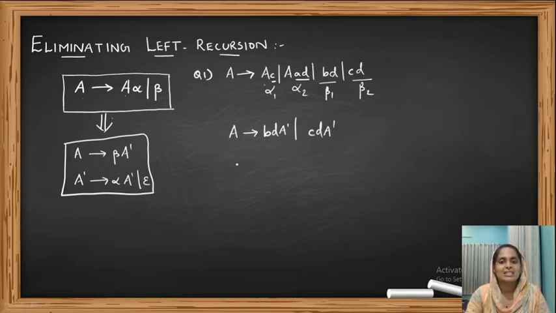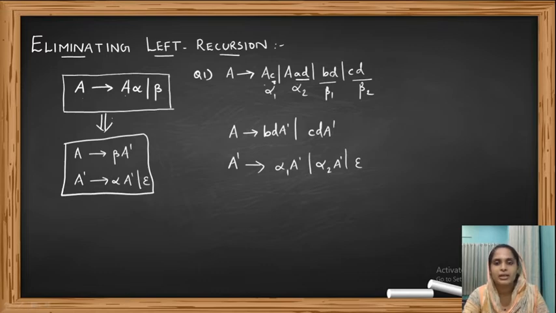And now what is A dash? A dash means actually it is alpha A dash bar epsilon, right? But here we have two alphas. So how do we write it? We have to write it like alpha 1 A dash, alpha 2 A dash and bar epsilon. At last we have to write this epsilon, okay? So what are the values of alpha 1 and alpha 2?